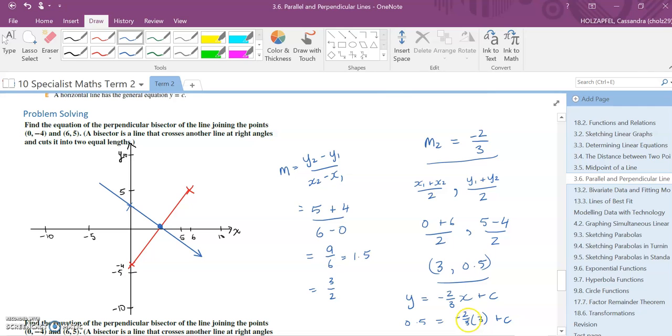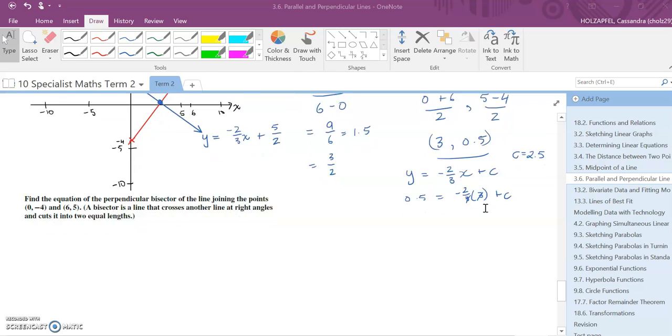Now -2/3 times 3, those are going to cancel, and I'm going to be left with -2. If I add 2 to that side, I'm going to be left with c is equal to 2.5. So the equation of this perpendicular line is going to be y is equal to -2/3 x plus 2.5. And we could put this in fraction form because I do like the fraction form a little bit better.